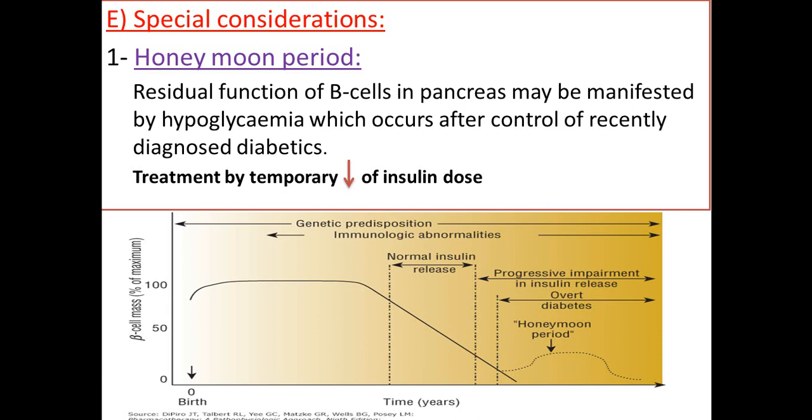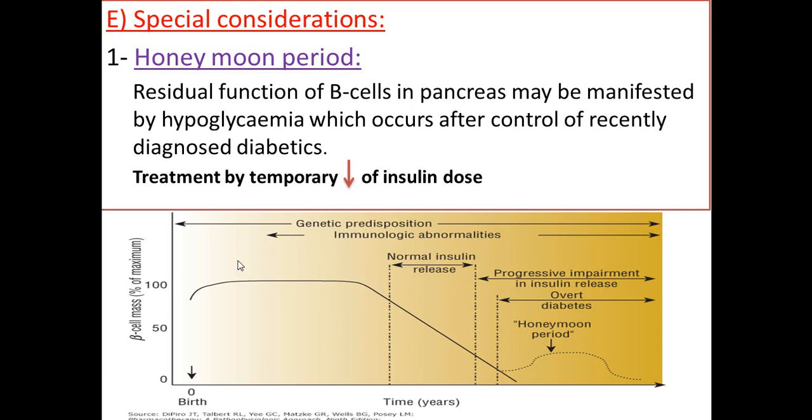Hypoglycemia occurs after control of recently diagnosed diabetes, as the insulin is given in the same amount. In addition, there is residual function of beta cells, so it will cause hypoglycemia rather than hyperglycemia. This is the period of normal insulin release.